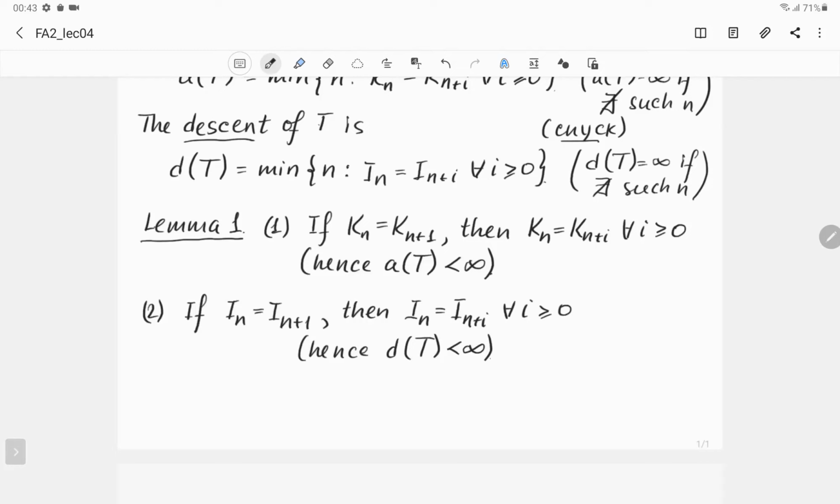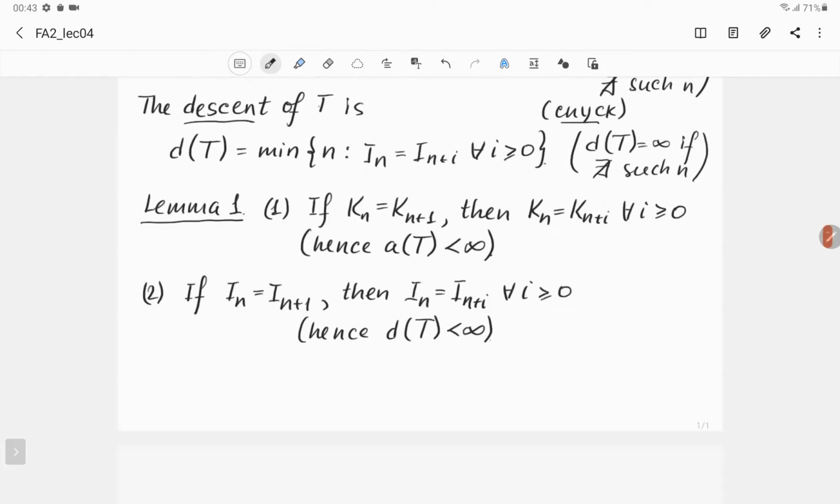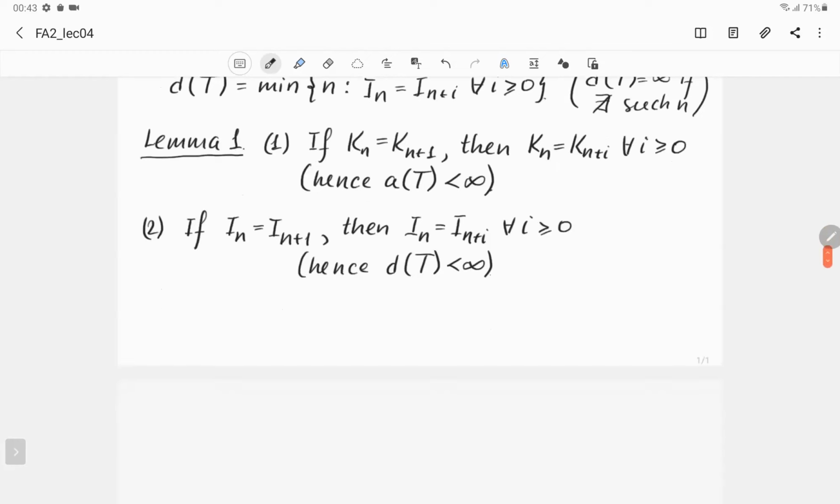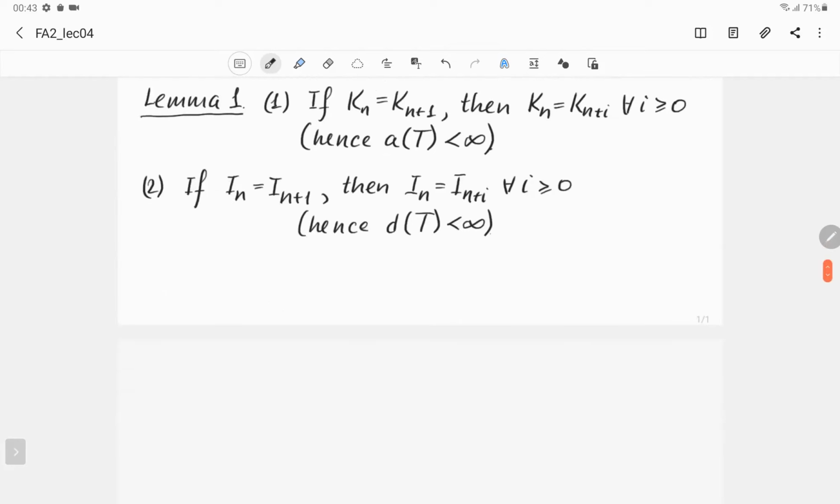And finally, part 3. If T has finite ascent and finite descent, then the ascent and the descent are equal to each other.